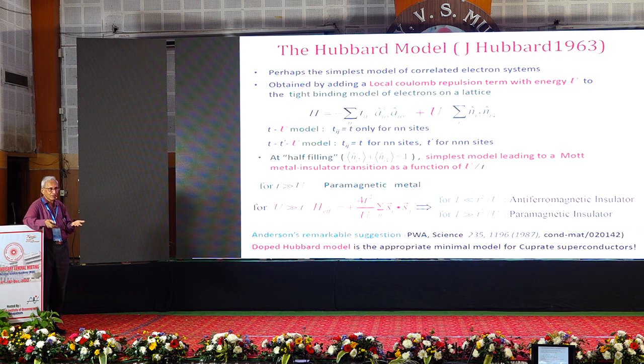The 2n comes because it can have upspin or downspin, right? But I have only n electrons, so the band will be half filled and therefore it will be metallic.